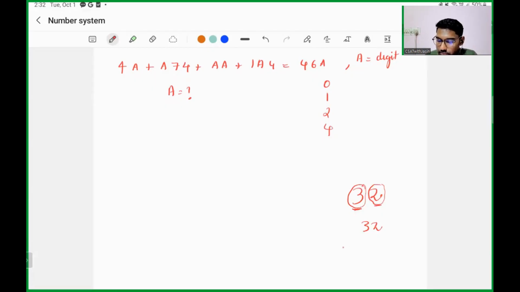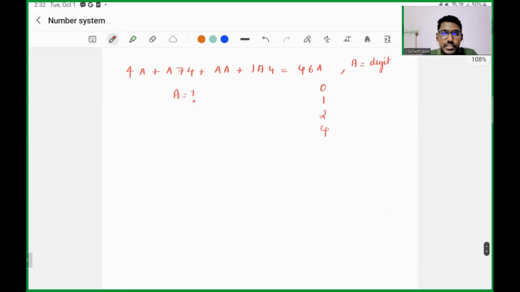Digits will come from 0 to 9. So when UPSC says X and Y are digits, that means X and Y can only have values from 0 to 9. So digits means 0 to 9. So here again A is a digit. So here one way you can do it is maybe even without understanding how you need to do it.